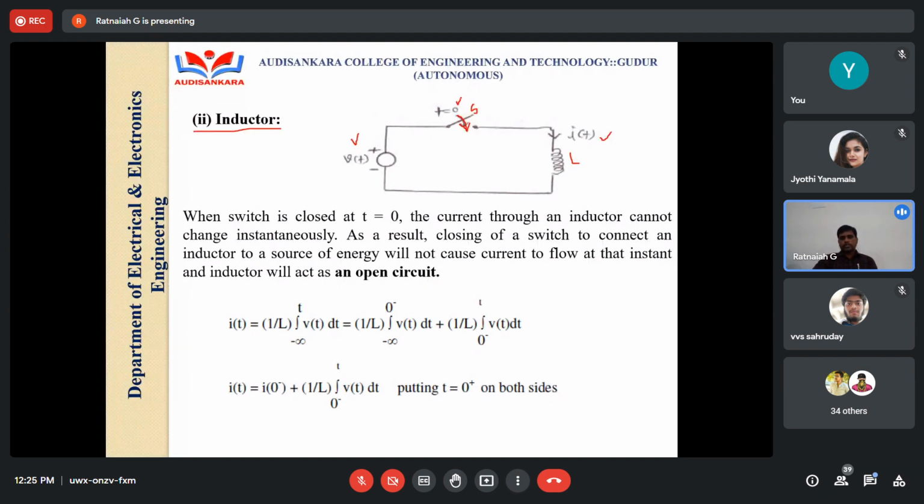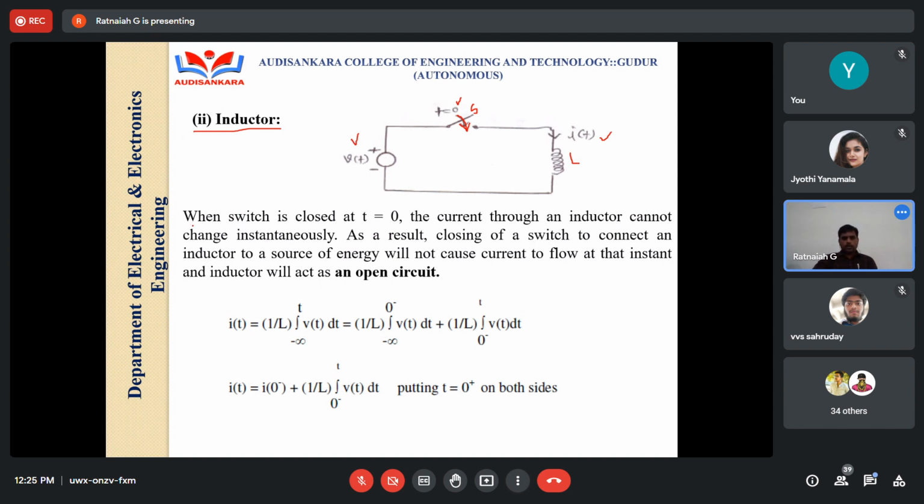When I close the switch at t equal to 0, what is the current in the inductor? Before closing the switch, what is the current in the inductor? That is the initial condition. After a long time, if you close the switch, what is the behavior of the inductor? So we are going to calculate three time actions in the inductor.